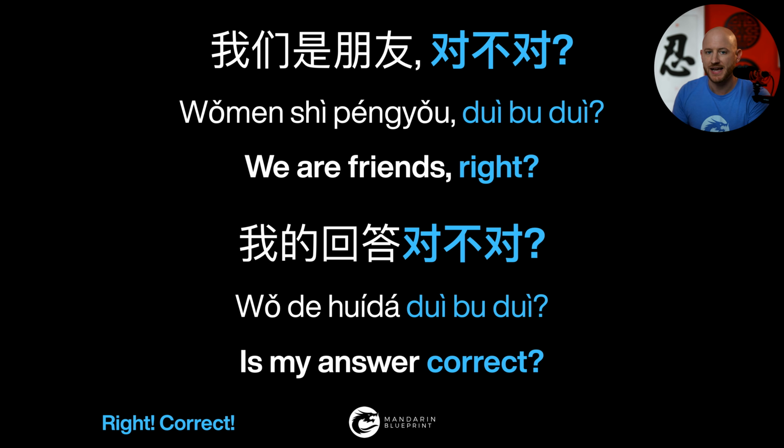Both are fine. And there might be a minor tonal difference. Perhaps if you're saying 对不对, you're a little bit more forceful, but it's very subtle. It depends on your tone of voice and on the context. So I would just say that meaning-wise, they're exactly the same.